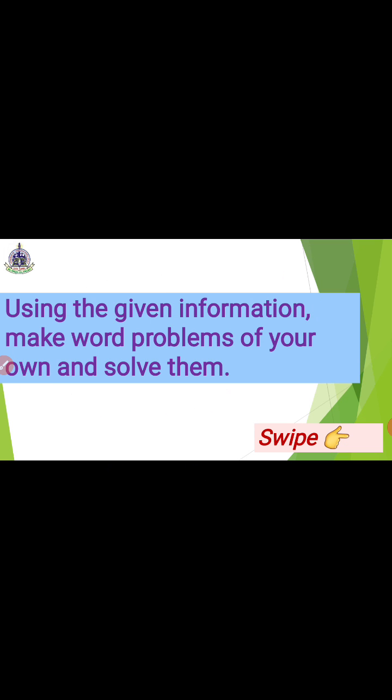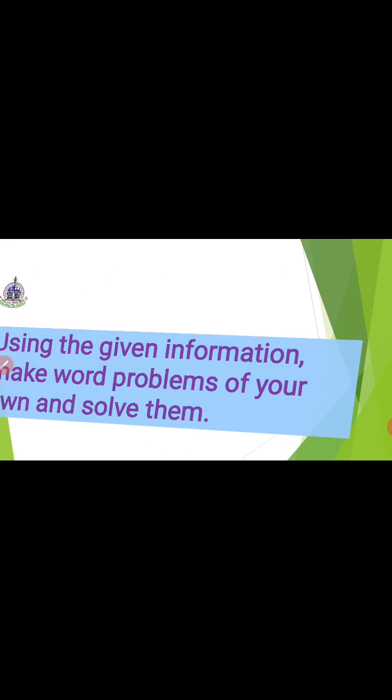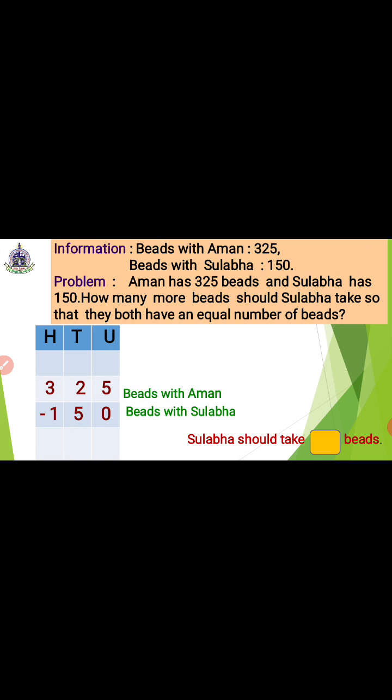Now here the word problem is not given, but we have to make a problem using the given information. We have to make a word problem on our own and solve it. Okay, students? Here the information is given that beads with Aman is 325.